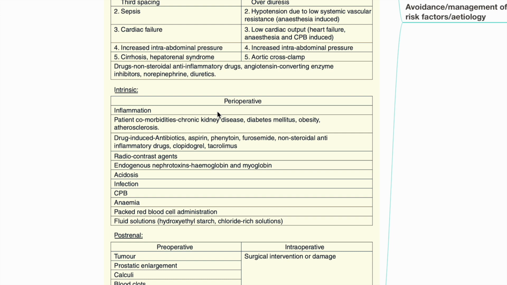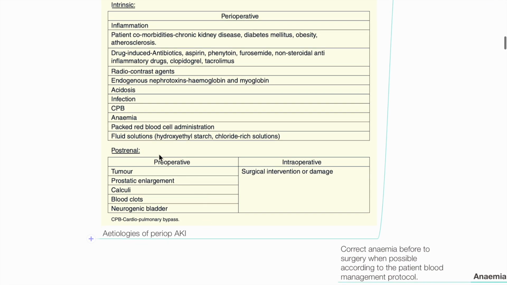Intrinsic causes of AKI include inflammation, patient comorbidities, drug-induced, nephrotoxins, acidosis, infection, cardiopulmonary bypass, anemia, packed red blood cell administration, hydroxyethyl starch solutions, and chloride-rich solutions. Post-renal causes include tumor, prostatic enlargement, calculi, blood clots, neurogenic bladder, iatrogenic damage, etc.